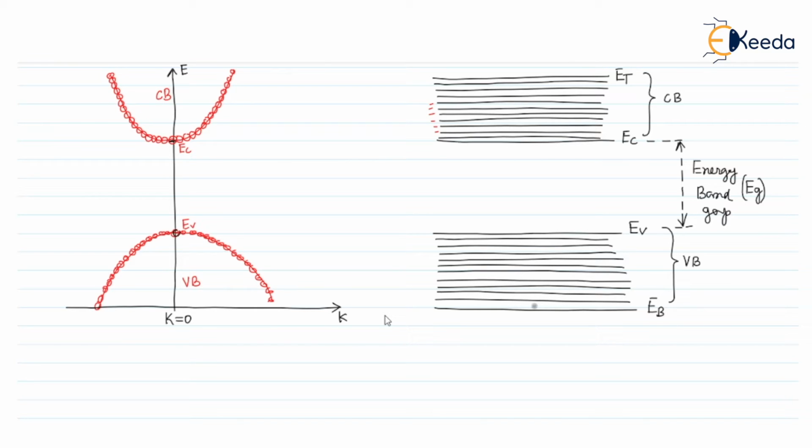This is the EV energy level, and this is the EC energy level, and this gap is the energy band gap of the semiconductor. So this is the E-K diagram of the semiconductor, and this is the band diagram of the semiconductor.